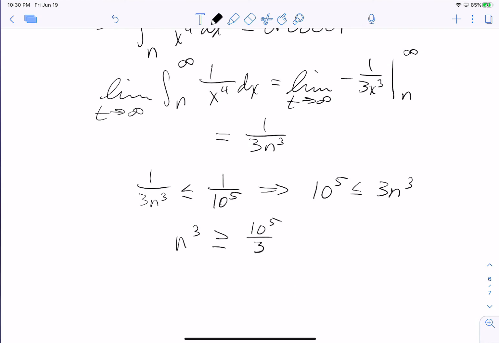By taking cube roots, we get that n is approximately 32.18, but we needed n to be at least the number that we just got, and n has to be a whole number. We're not talking 32.18. Therefore, we can say that n has to be at least 33.